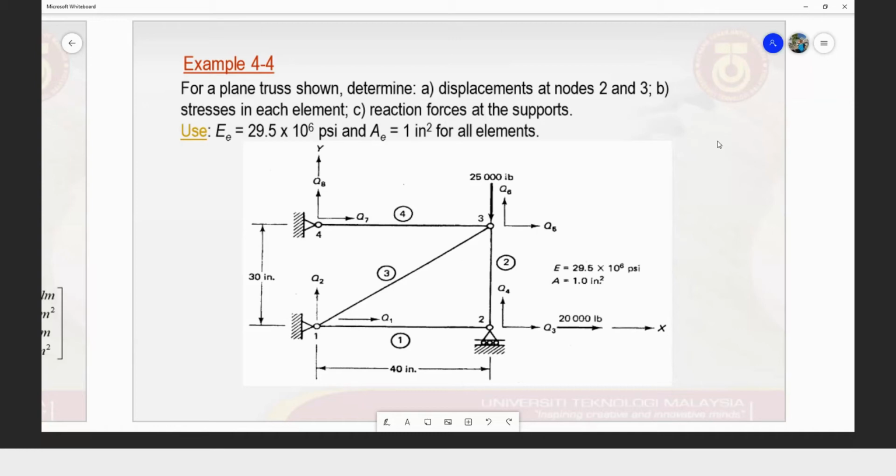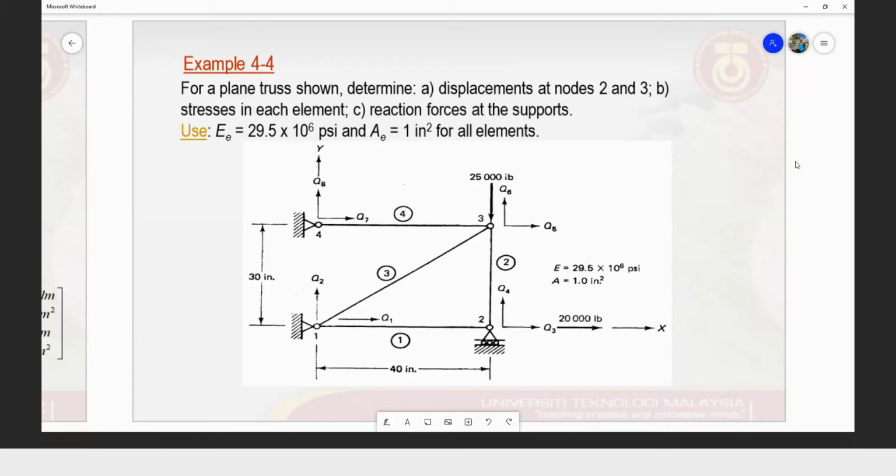But the plane truss is not a single element structure. It's a combination of several slender members connected at rigid connections or points, where all the loads are applied at the joints. If we still remember the definition of plane trusses before, right?